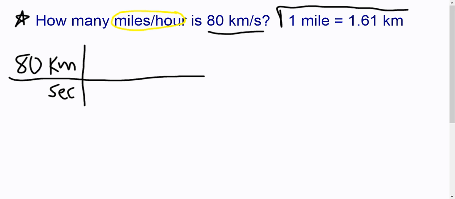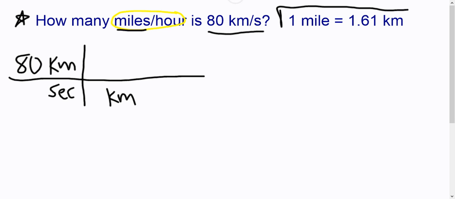So we're just going to pretend the seconds isn't here right now, and I'm going to take my kilometers, which is on top, and I know that if I have a unit on top, I have to cancel it by putting it on the bottom, because remember, units cancel when they're on top and on bottom. So if our unit's already on the top, I'm going to put it on the bottom. Now, kilometers, I want to go to miles ultimately. So the question is, can I go directly to miles? Do I have a conversion for that?